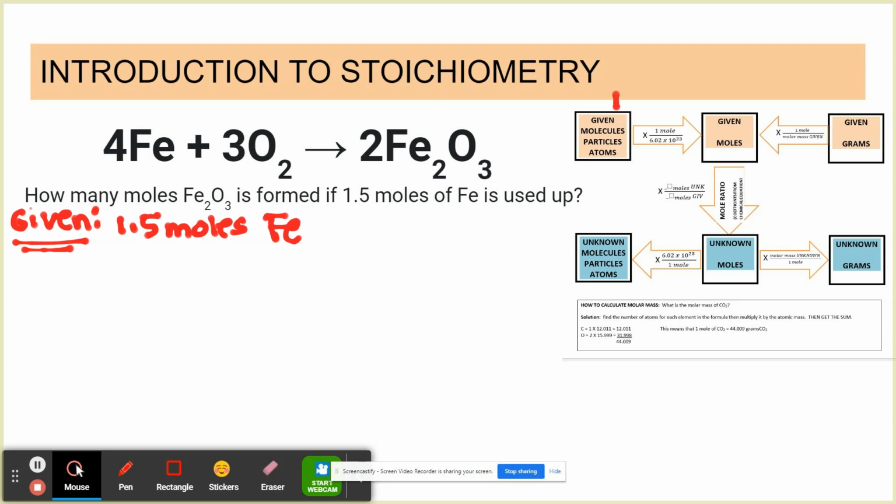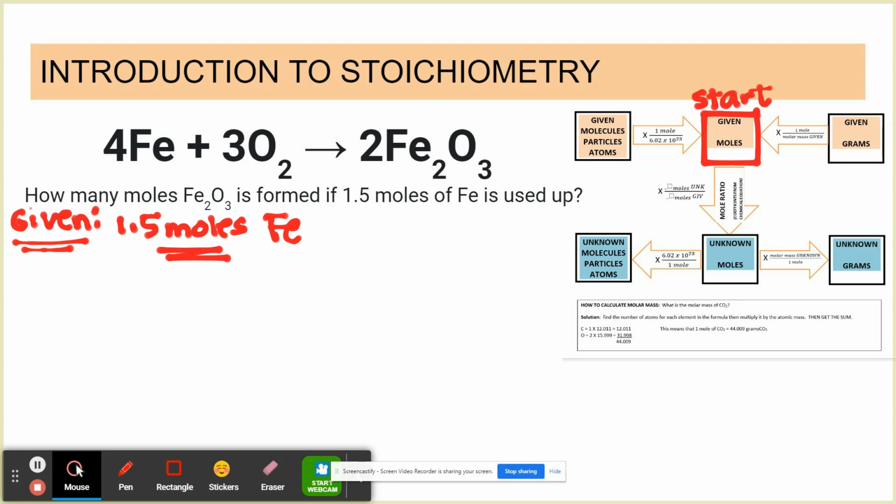Box number 1, box number 2, or box number 3? If you read closely, the given is moles. So you have to look for the box that says given moles. Therefore, you're going to say, oh, we have to start at box 2. That's good. And that's going to be your starting point. Again, box 2 will be our starting point.